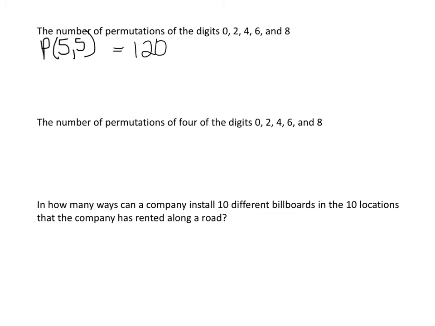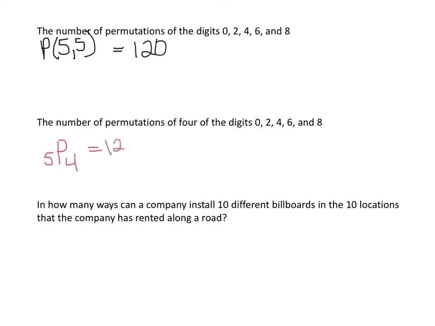I can do the same thing for the number of permutations of 4 of these digits. So again, I'll write this in a little bit different notation, although it's really the same. I'm going to take the permutation of 5 items taken 4 at a time, and I'll put that into my calculator.